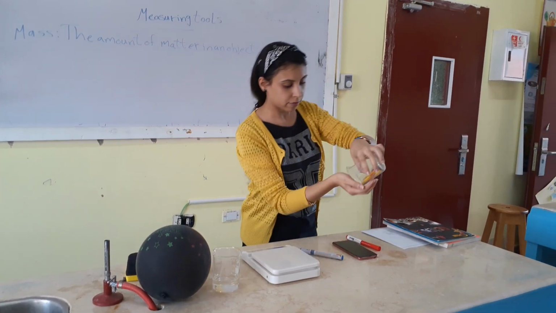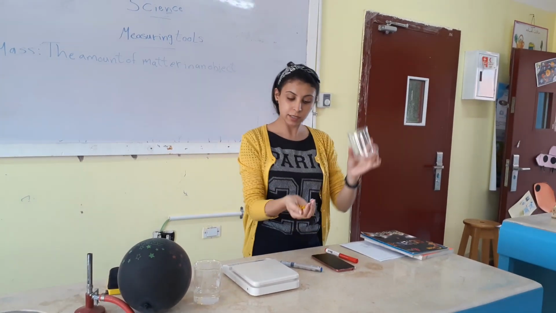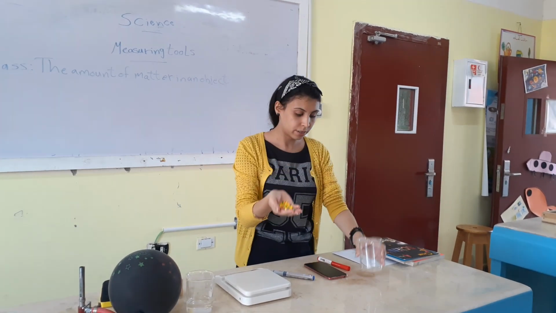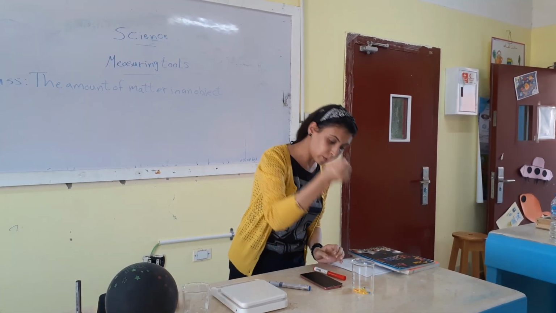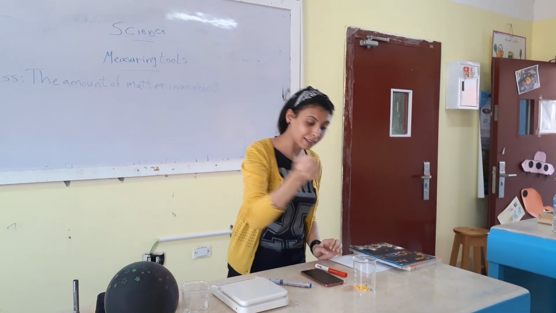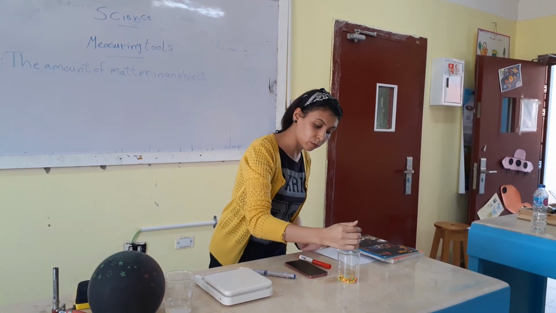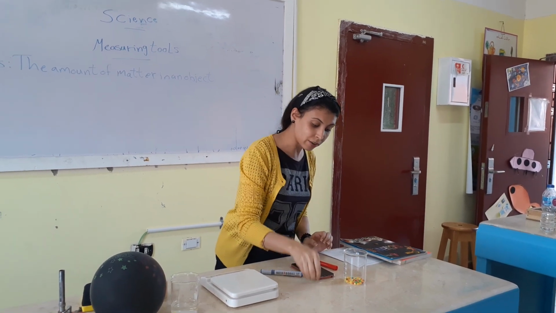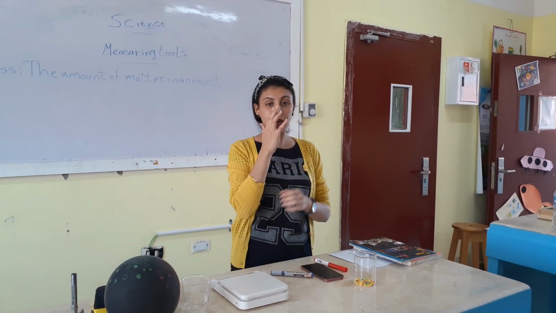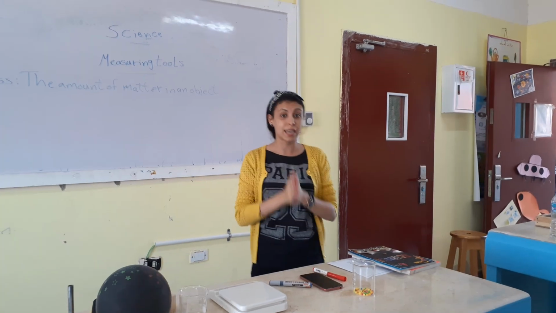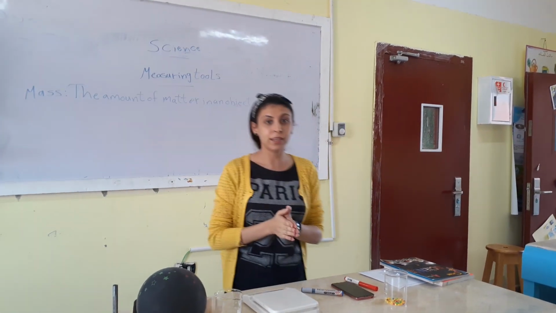If we have an object and it is matter, we put some amount of matter and increase the amount, increase it more. So mass is the amount of matter in an object. Okay?